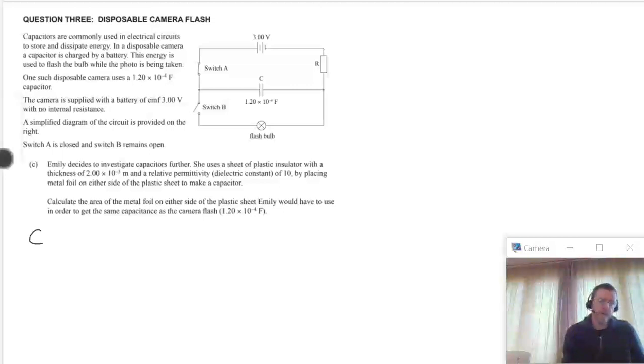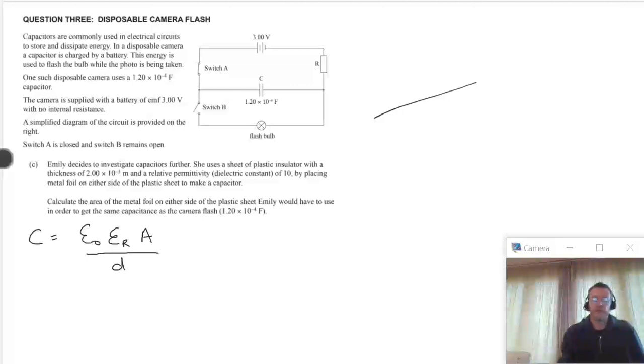You find that, and you get C equals epsilon 0, the permittivity of free space, times epsilon r, the relative permittivity, times the area, all divided by the thickness of the dielectric, so the distance between the two plates. This is the overlapping area of the plates.